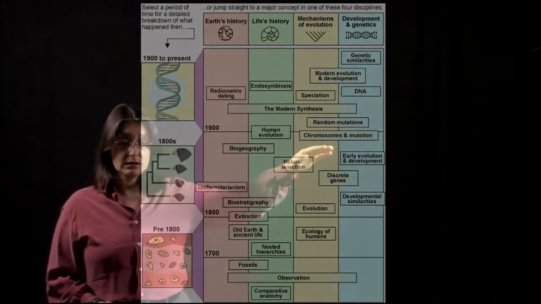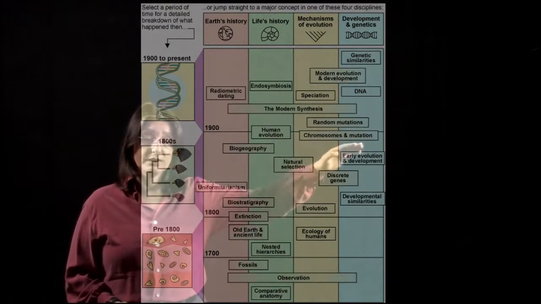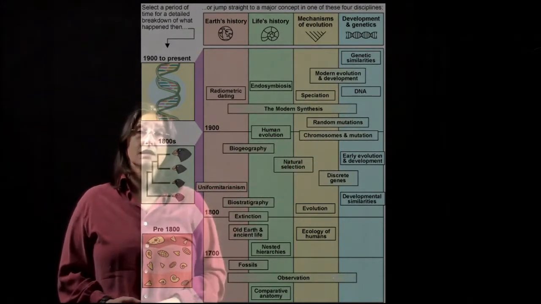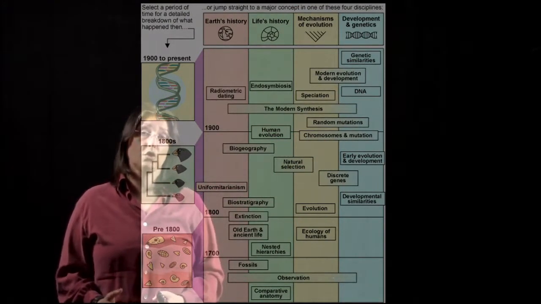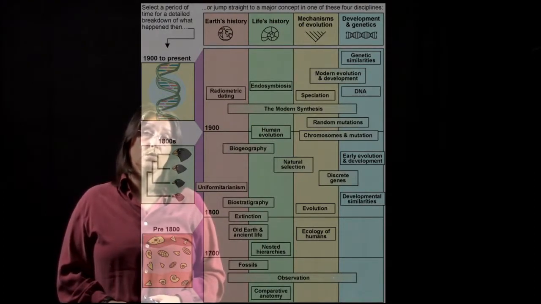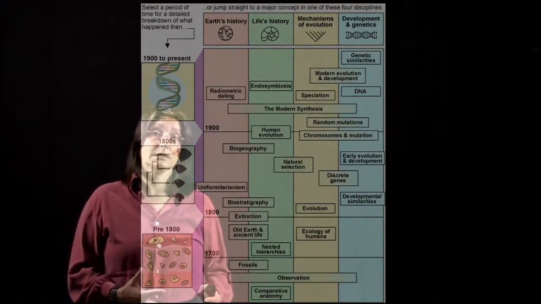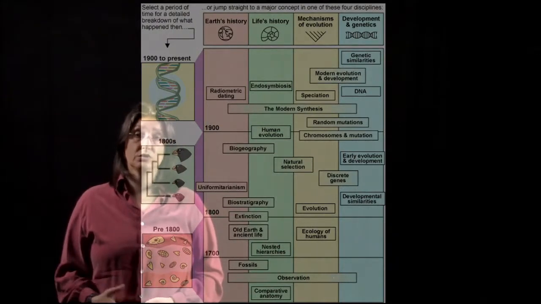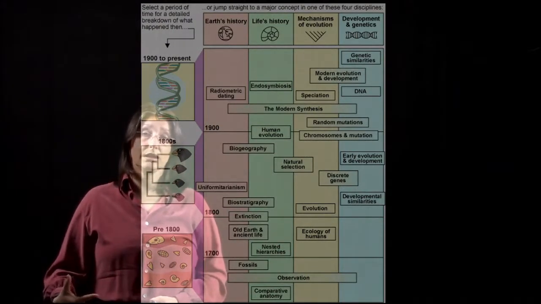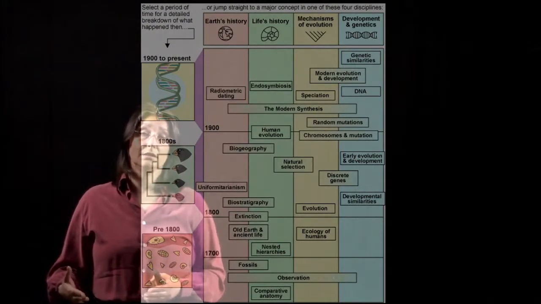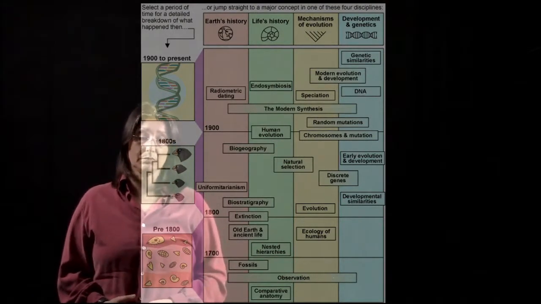As I said, in the early 20th century, 1900s, came the concept of chromosomes. Mendel was incredibly lucky, let's say, that he chose 7 characteristics that were on the 7 different pairs of chromosomes in peas.